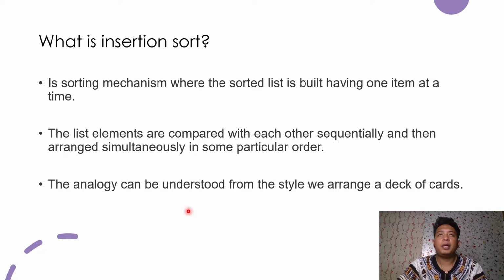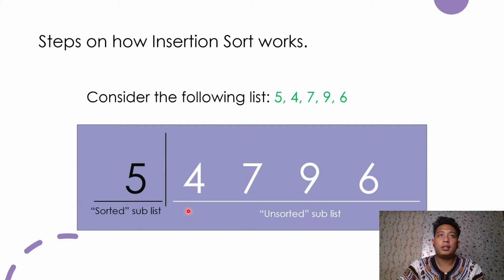So for us to be able to understand what exactly is insertion sort, how it really works, we will go to its algorithms. So here are the steps on how the insertion sort works. Let us consider the following list: 5, 4, 7, 9, and 6.